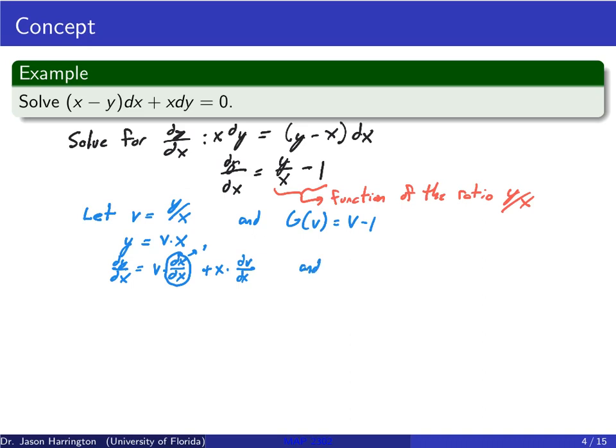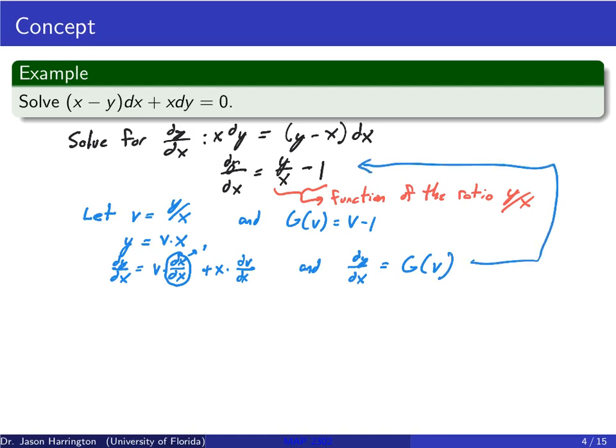And we also have that dy over dx is equal to g of v, just from our construction of g.